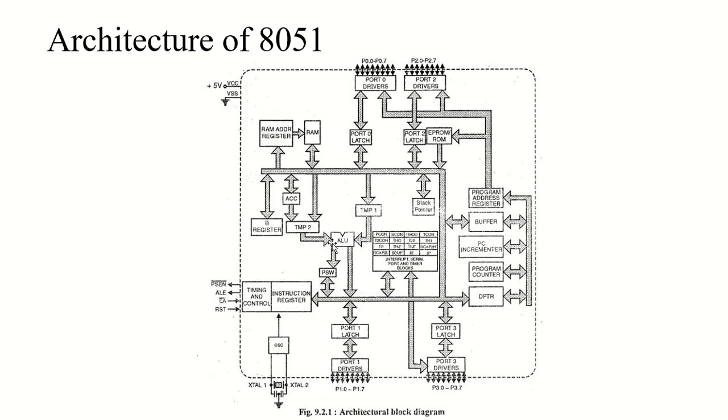And all these operations will be done on what data? 8-bit data, right? And it will be able to perform arithmetic operations like addition, subtraction, multiplication, division, logical operations, boolean operations, anything, right? You can give it an AND gate, OR gate. You can ask it to find the complement of it.